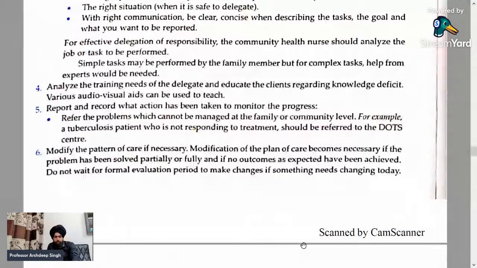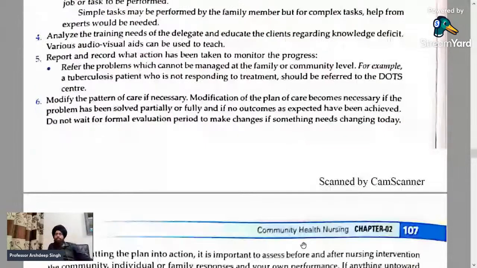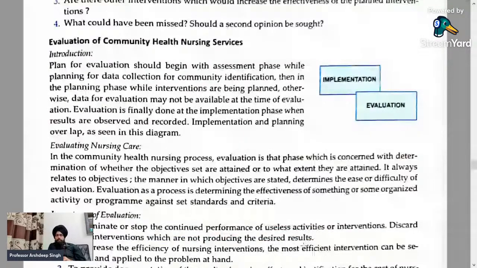Next is the evaluation of the community health nursing services. How will you evaluate that? What is the evaluation that you have expected? In the beginning, we expected some goals, and at last, after the interventions have been implemented, you will search for the result that you have expected.